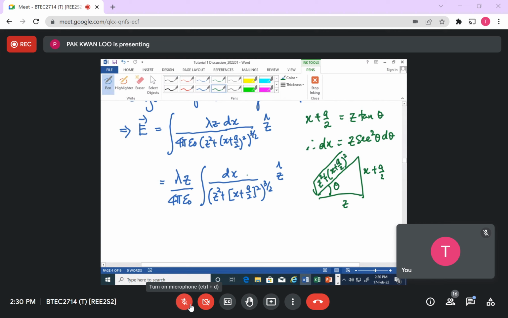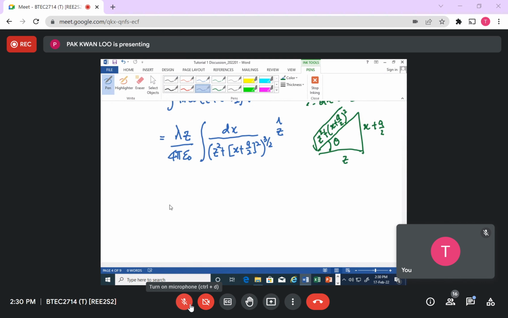Recognizing this form here, we can directly reduce the integration to cos theta d theta.